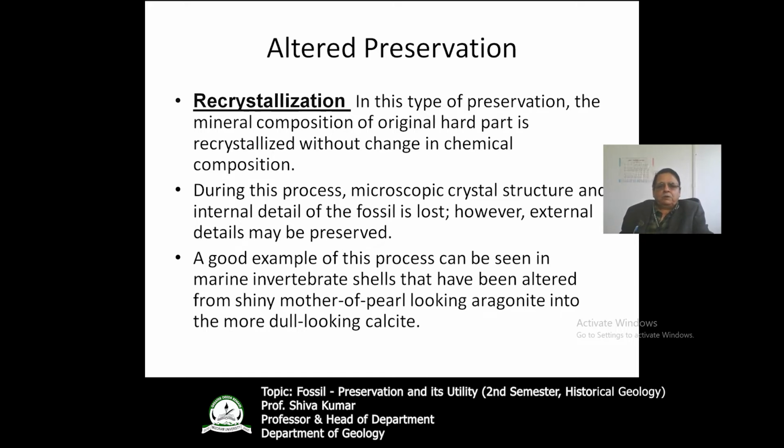During the process, microscopic crystal structure and internal details of the fossil are lost. However, external details may be preserved, what we call morphology. A good example can be seen in marine invertebrate shells that have been altered from shiny, mother-of-pearl looking aragonite into more dull looking calcite.